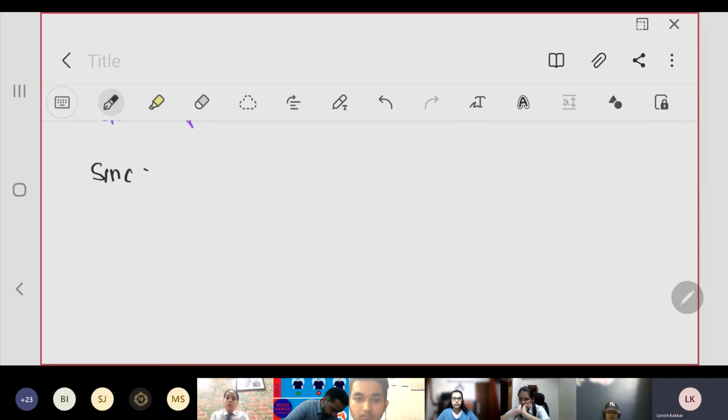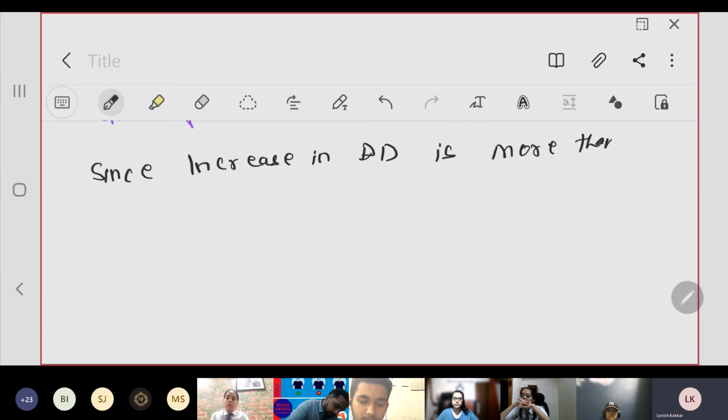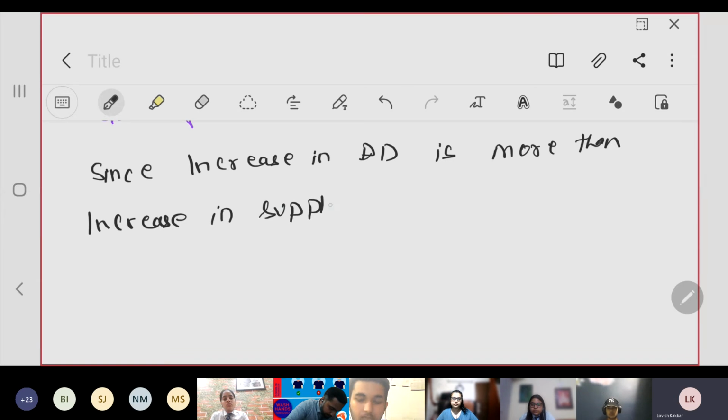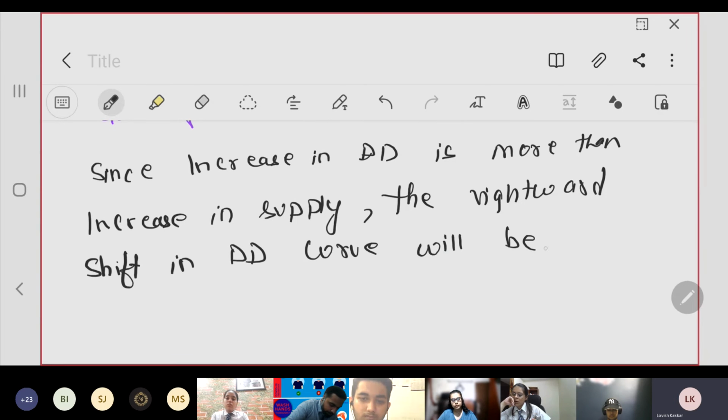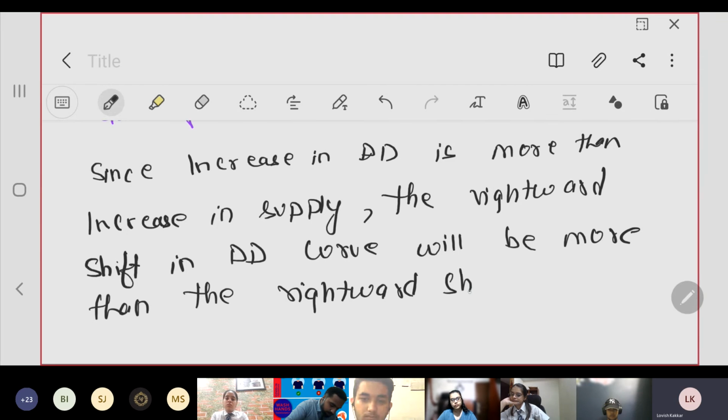Since increase in demand is more than increase in supply, the rightward shift in demand curve will be more than the rightward shift in supply curve.